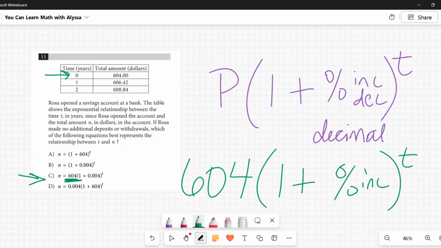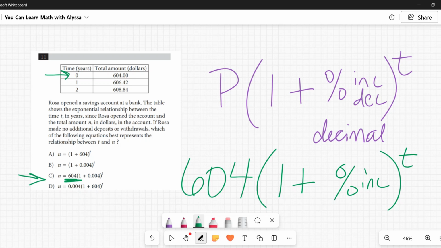The only other one that has a number in front is D, and it's 0.004. That is not her starting amount. It looks like that's going to be the percent, the decimal increase of her account, but it's not her starting amount.